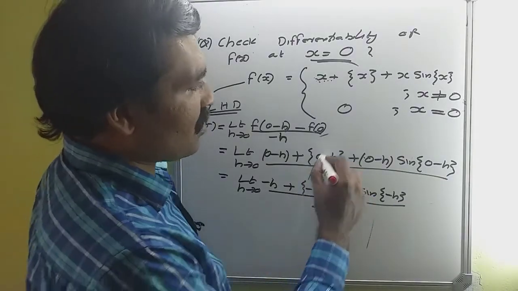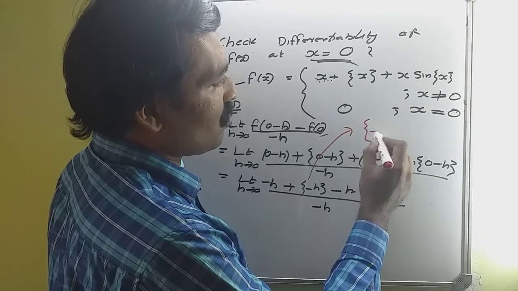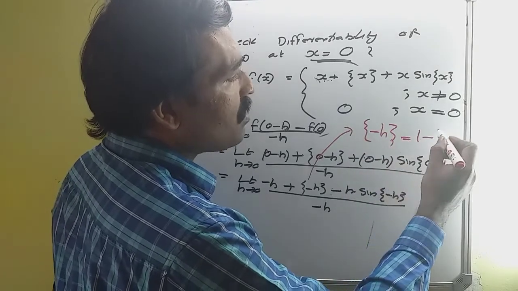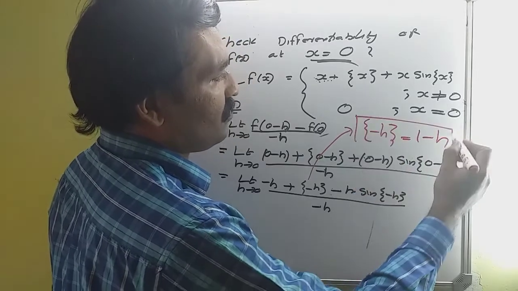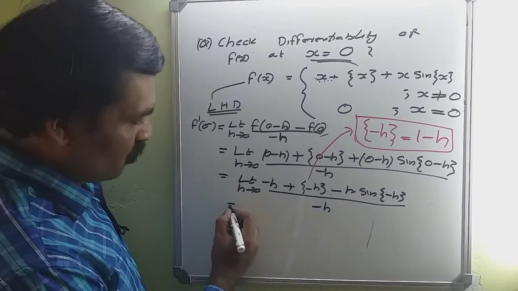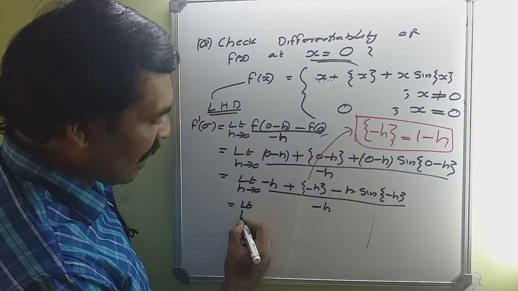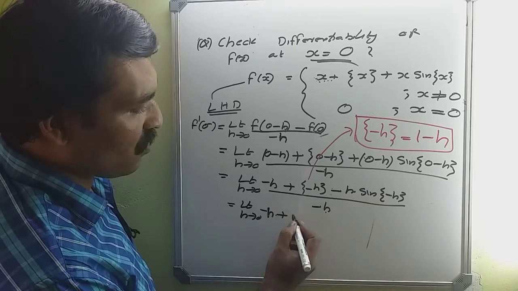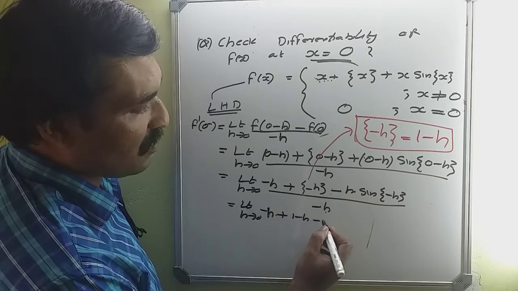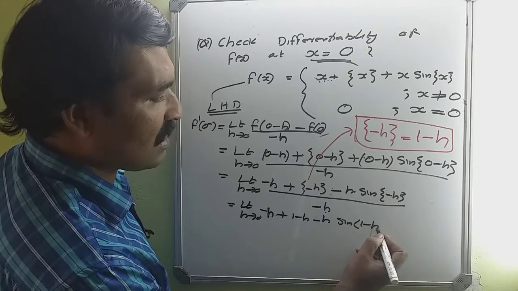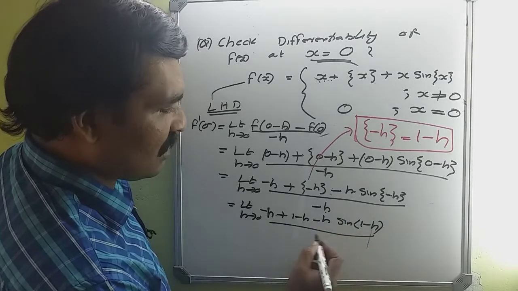Fractional part of minus h is equal to 1 minus h. So this is equal to limit h tends to 0 of minus h plus 1 minus h minus h into sine of 1 minus h, divided by minus h.